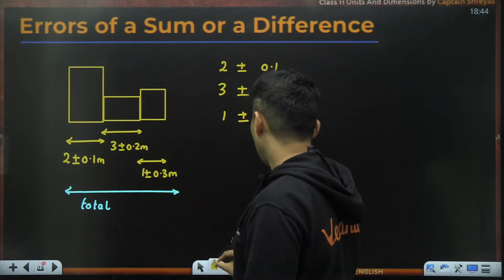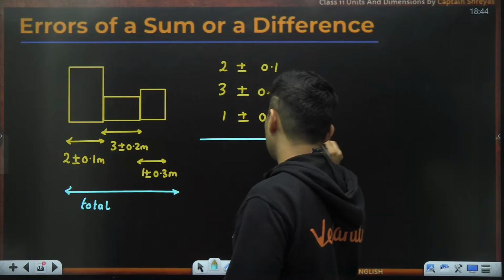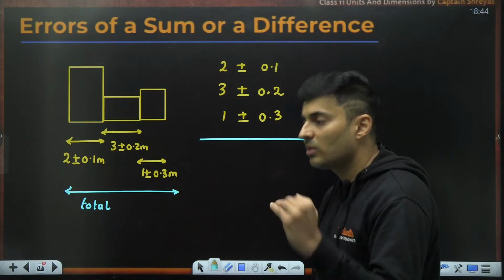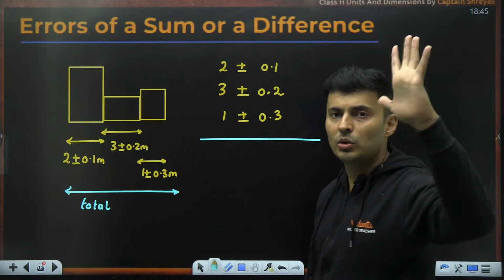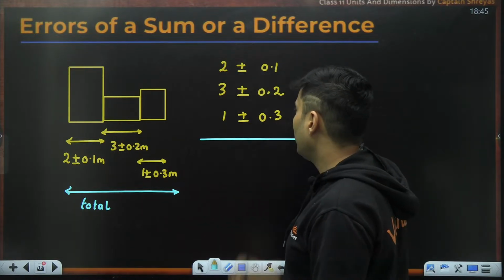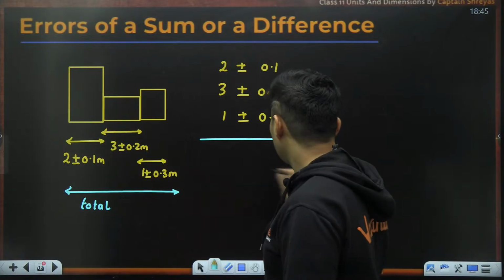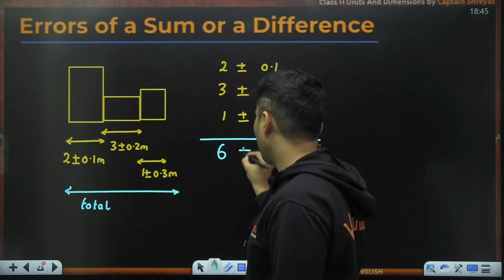Now I have to add all of them. When you have to add, just simply add, don't break your head. 2 plus 3 is 5, 5 plus 1 is 6. So here you should get 6, then you put plus minus.